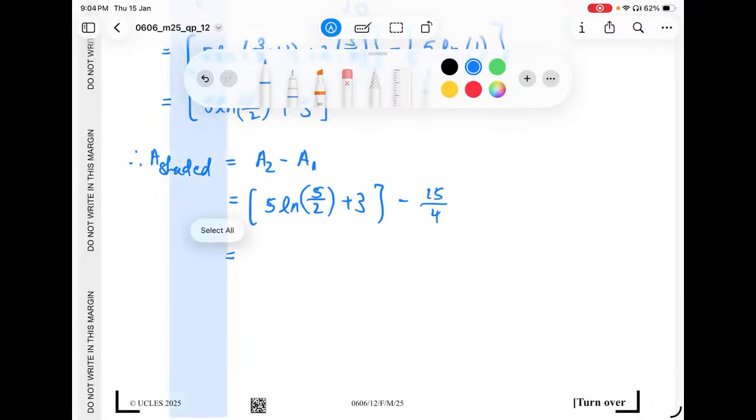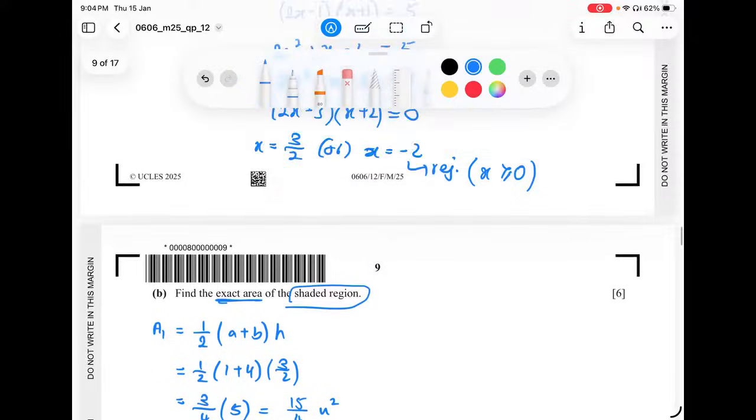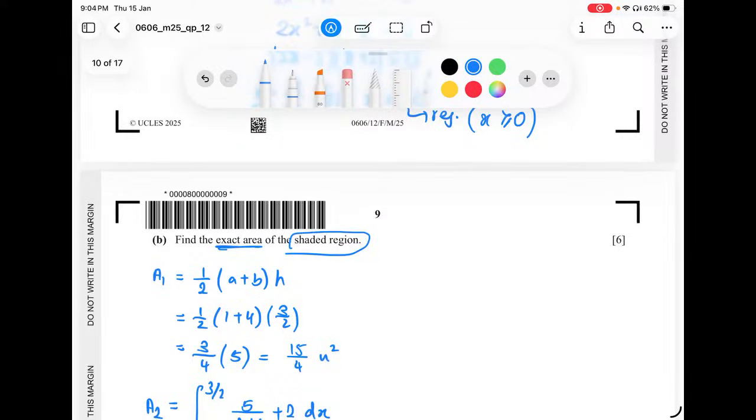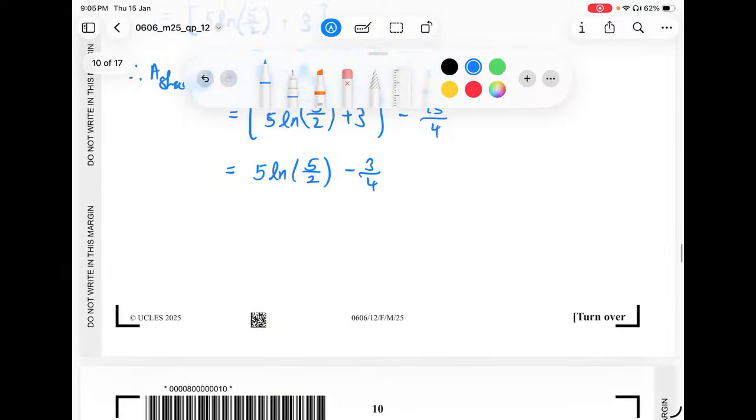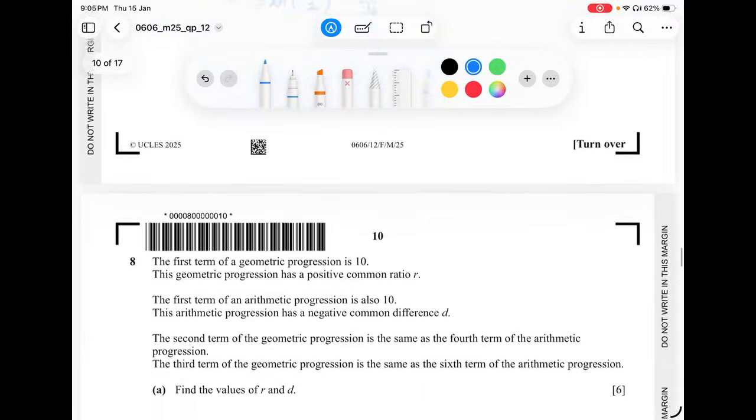So now you can just expand and then find 3 minus 15 by 4 should be, I believe, negative 3 by 4. That's your answer. You just leave it in the exact form because they asked for your exact area. Since you also do not have the calculator, you can just leave it in the exact area. So this is your exact area.